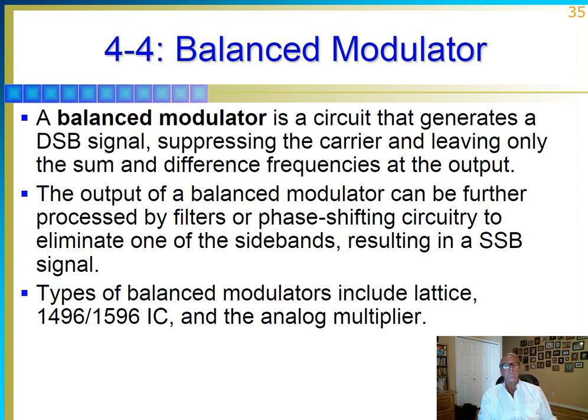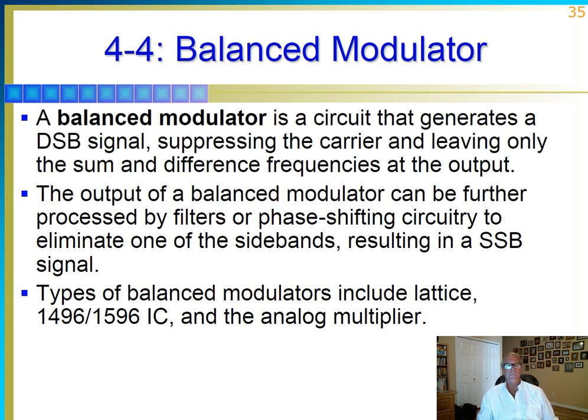Okay, anytime you hear something about balanced modulators, it's basically a lattice or bridge arrangement, we'll see a schematic in a moment, of diodes. And they are used to create a DSB or a double sideband signal, okay?